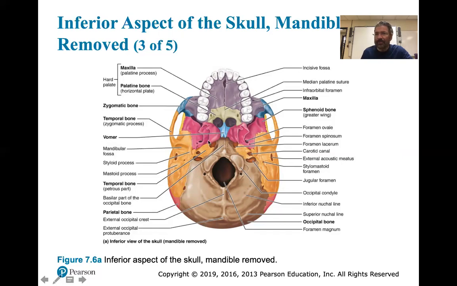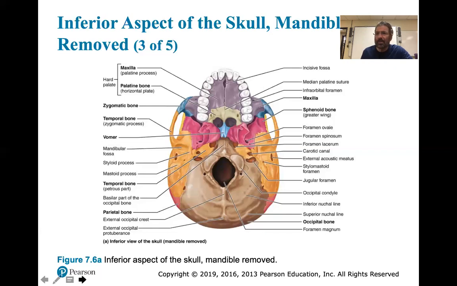I said you don't have to, for right now, know what nerve goes through here per se, but at some point you're going to have to, hopefully, if you have a good professor, they're going to have you memorize the cranial nerves, all right? And generally what they do. I wouldn't expect you to memorize everything they do, but if there's a sensory or motor function, you probably should start learning it now and getting familiar with it.